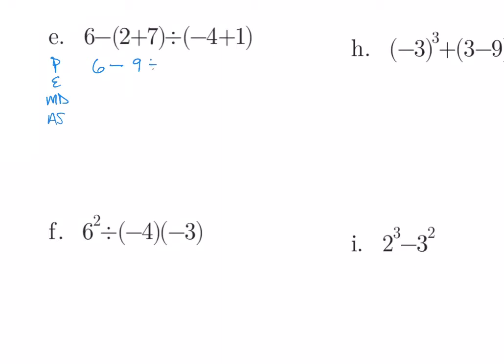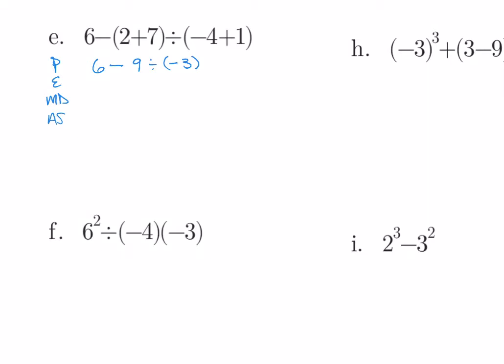Divided by negative 4 plus 1. We have different signs, so we're going to subtract and keep the sign of the larger number. If you want, you can get rid of the parentheses, but for me, I always like having negative numbers inside parentheses so that I don't lose my negative in my division sign.